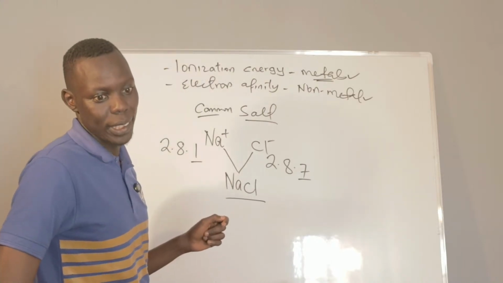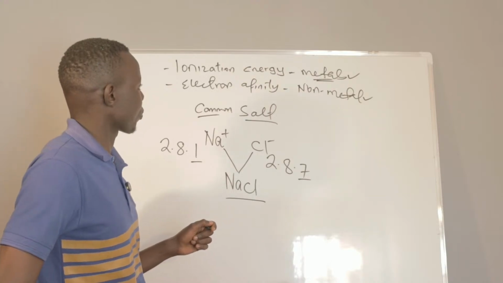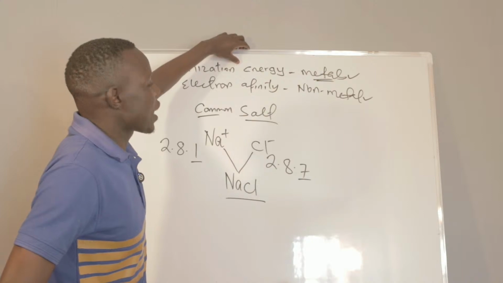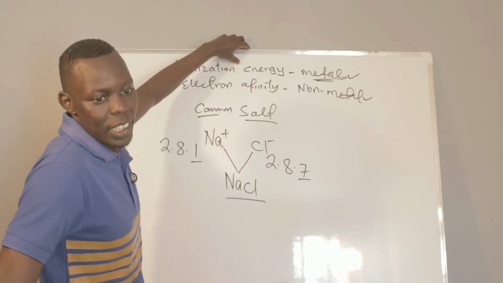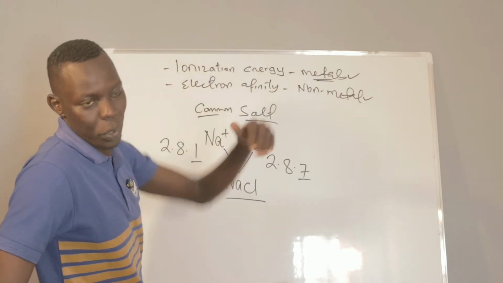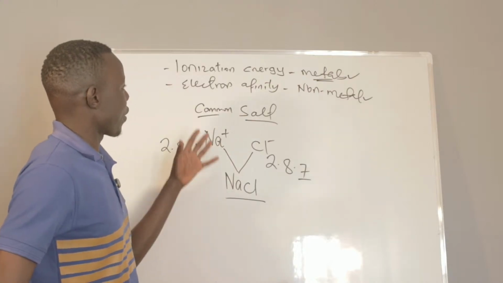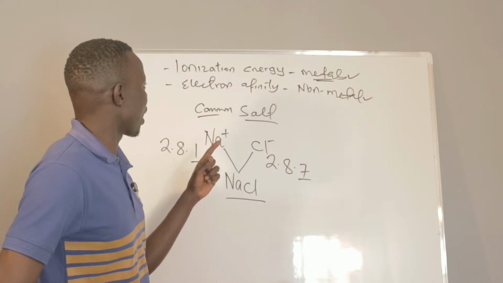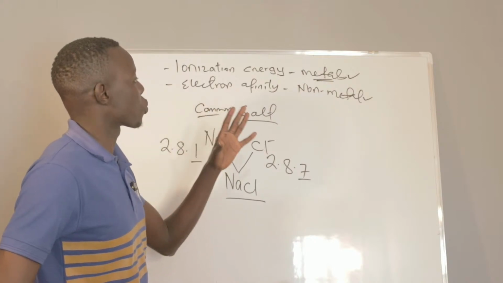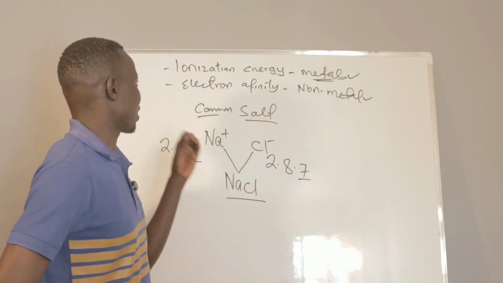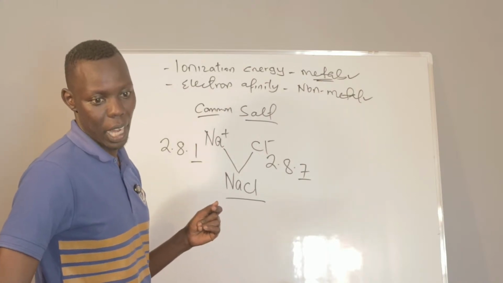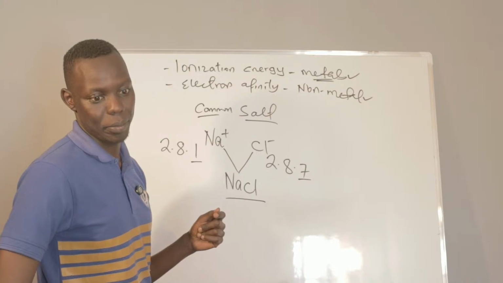The challenge is to go and learn what is first ionization energy and what is second ionization energy, as you are moving on. Then from there you will understand. So I'm saying this: electron affinity is used to refer to nonmetals. Ionization energy is used to refer to metals. I hope we are together in that case.